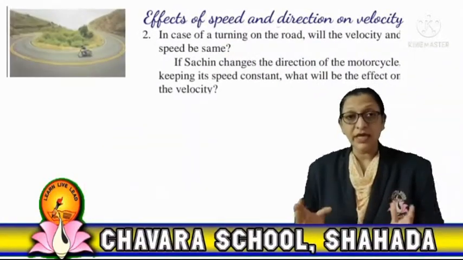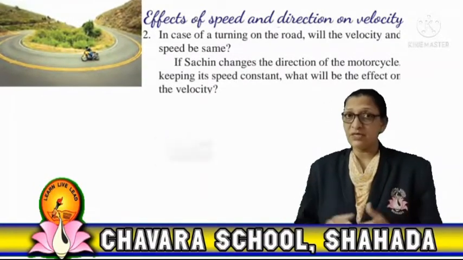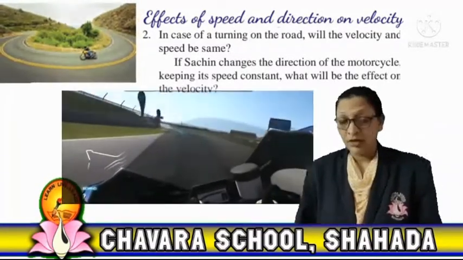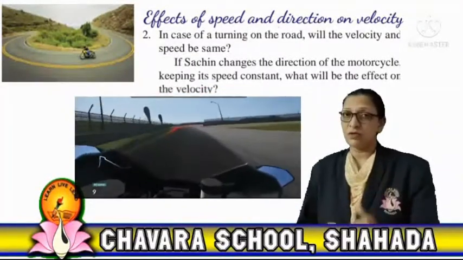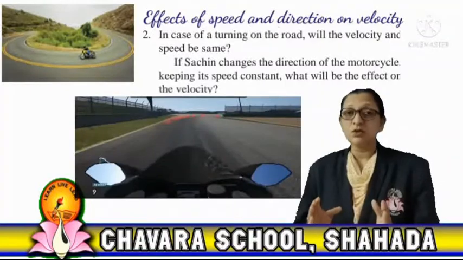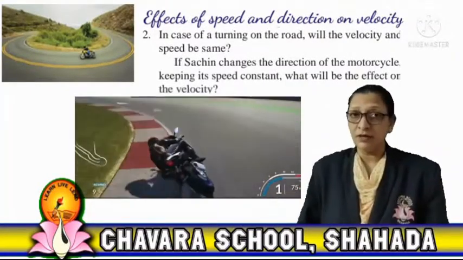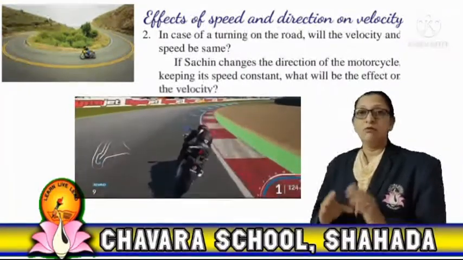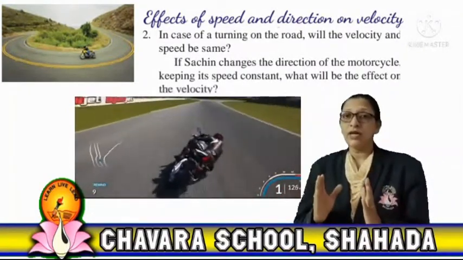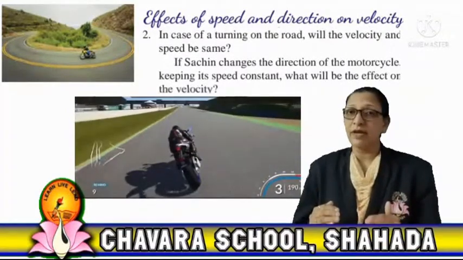Second condition, in case of turning on the road, will the velocity and speed be the same? If Sachin changes the direction of the motorcycle by keeping speed constant, what will be the effect on velocity? In this case, we observe velocity will change only in terms of direction, while its magnitude will remain the same.